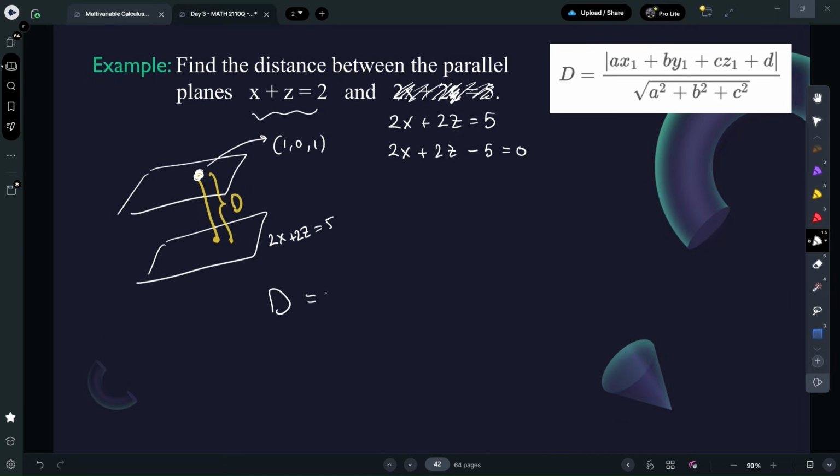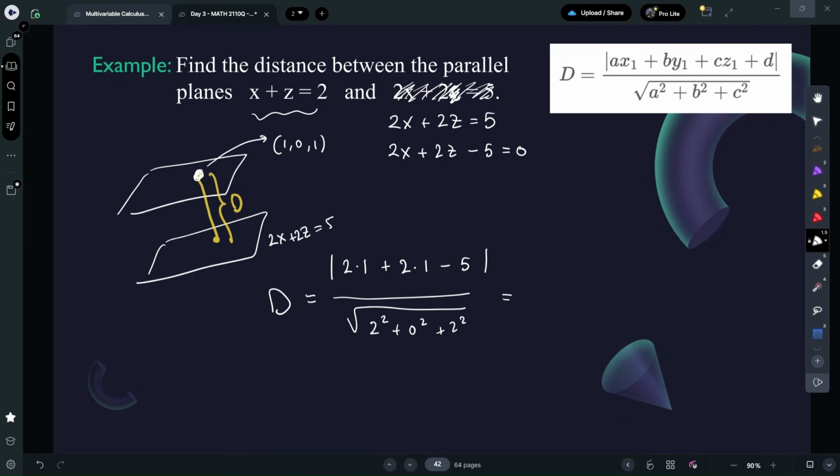So then the distance formula will be the point (1, 0, 1) evaluated in the plane. So that is 2 times 1 plus 2 times 1 minus 5, divided by the square root of the normal vector to my plane. So here it is (2, 0, 2). So 2 squared plus 0 squared plus 2 squared.